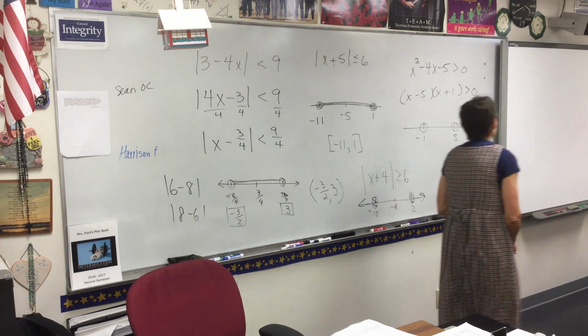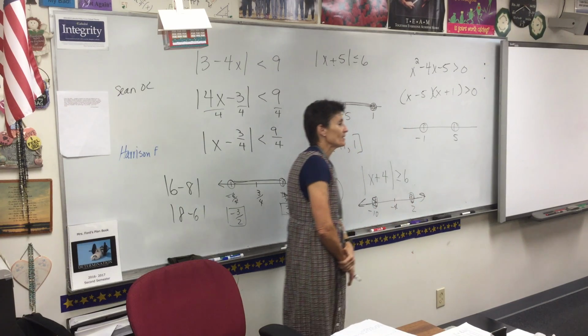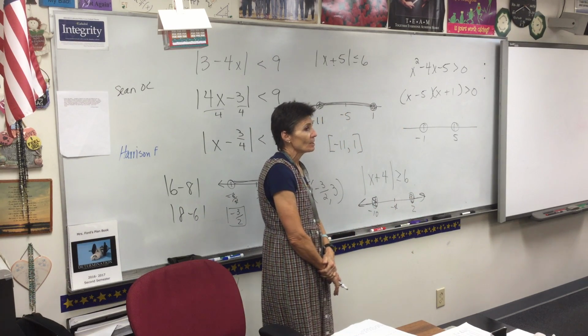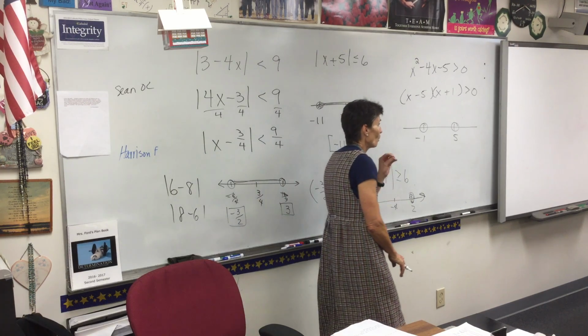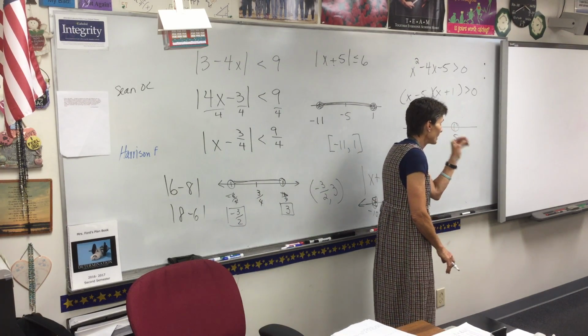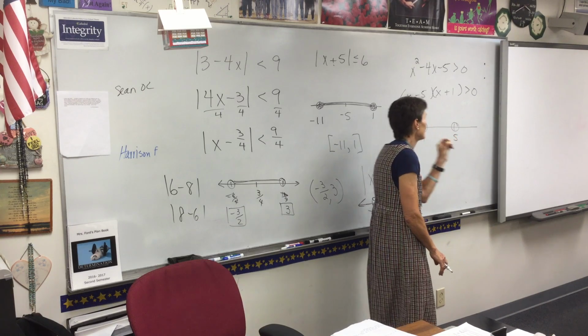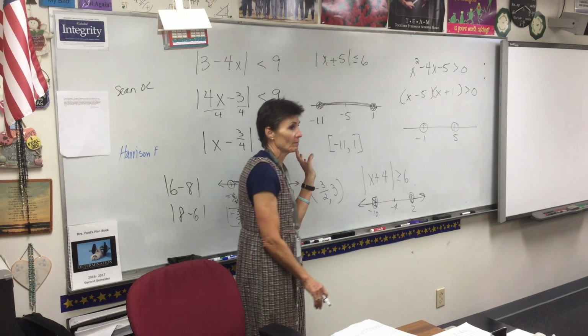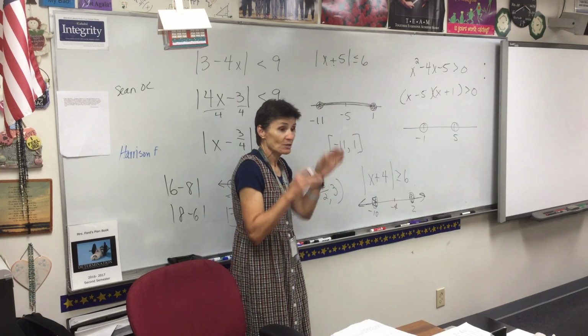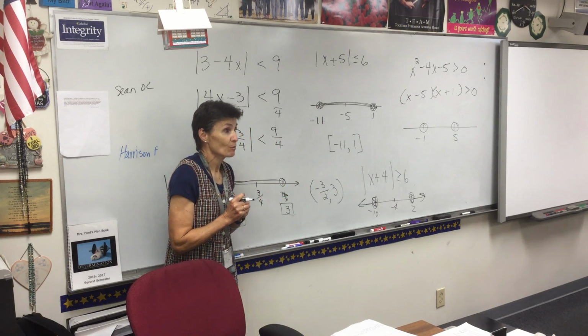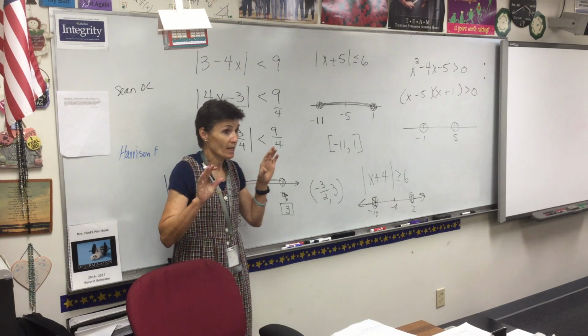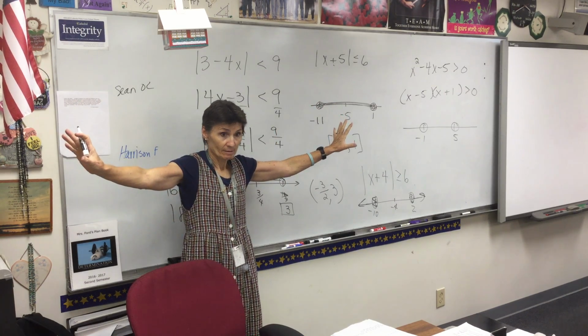All right, so now all I need to figure out is where to shade, okay? Now, you guys, I want you to think about how we did it in our absolute value problems. When we had 2 dots, when it was a greater than, where did we shade? Outside.